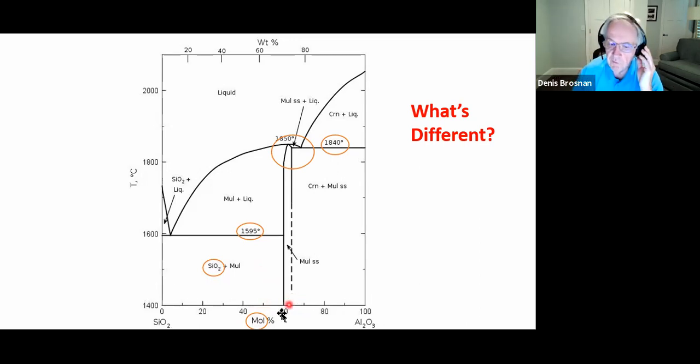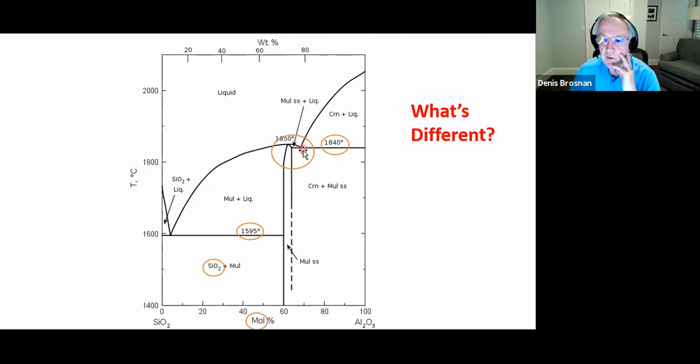There are some other differences in this diagram. You can see here that we don't have the terms cristobalite and mullite. You just have the term silica, SiO2. Well, that just simplifies it a little bit. Also, this diagram is a little different up here where mullite hits the liquidus.